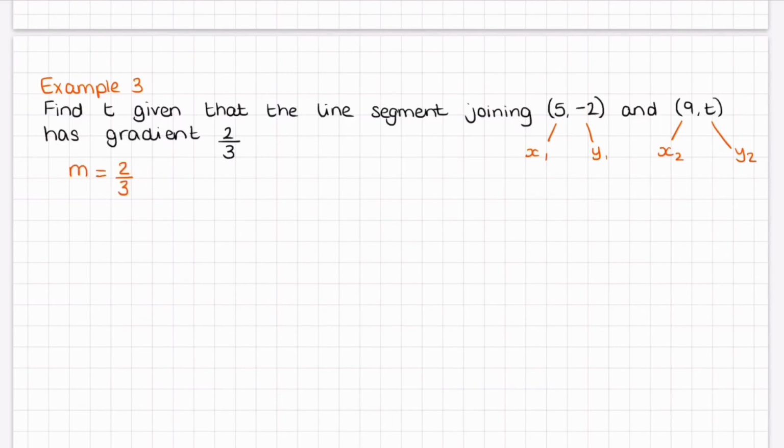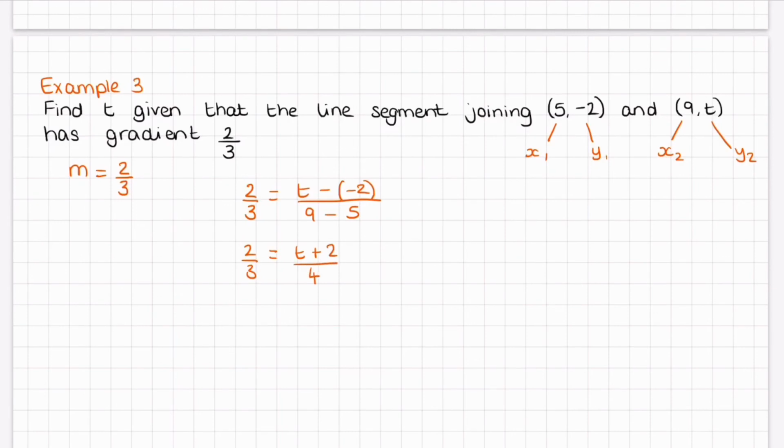We can use our formula, so 2/3 is going to equal y2 take y1, t minus -2, divided by x2 take x1, so 9 minus 5. So 2/3 equals t minus -2, which is t plus 2, over 9 minus 5, which is 4.